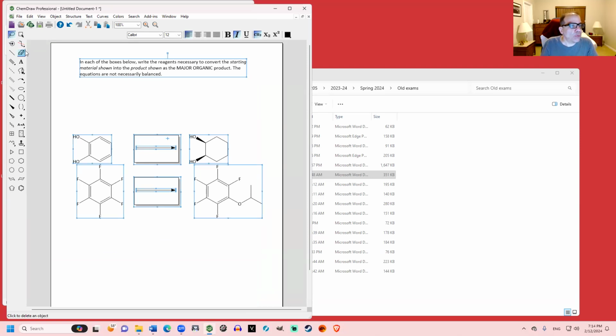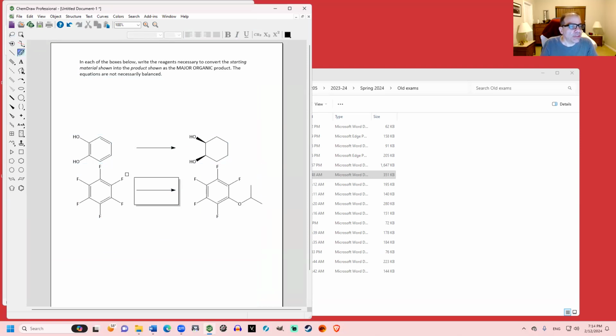In this format of question, you need to fill in the reagents. And in the first reaction, we're going from an aromatic ring to a cyclohexane. And that's another reaction that we talked about just today. There really were a lot of questions from today's lecture on this exam. And this is a hydrogenation reaction. The way you know that is we've added 6 hydrogens, and we've reduced the aromatic ring to a cyclohexane.